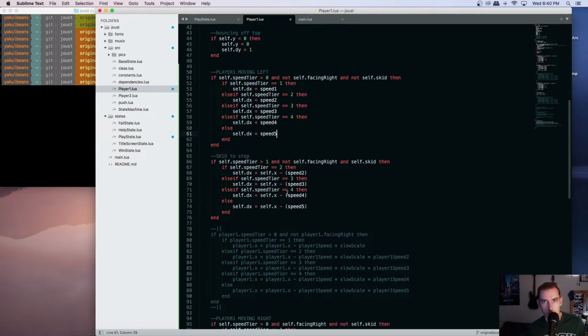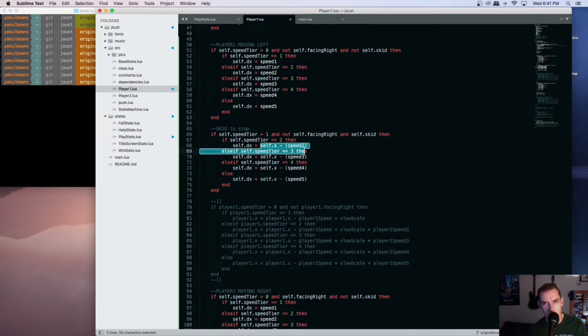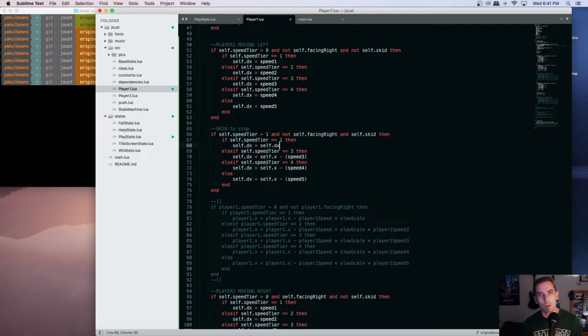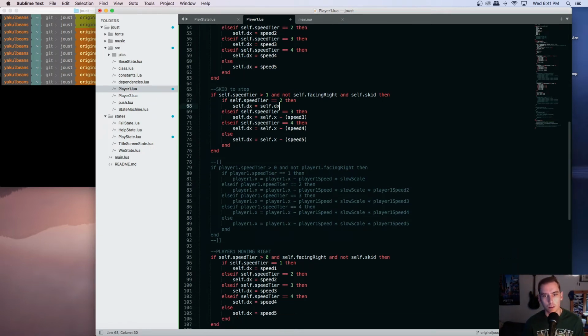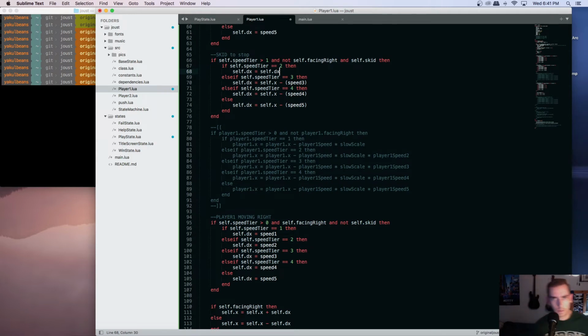And then the skidding, something similar like, greater than 2, 1, so that's skid. If it's 2, then dx gets, see, this should be totally different. It shouldn't be based on its x position, it should be based on its dx. Okay. So yeah, we would want to do that math.min.